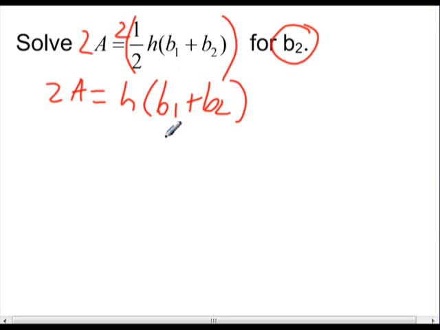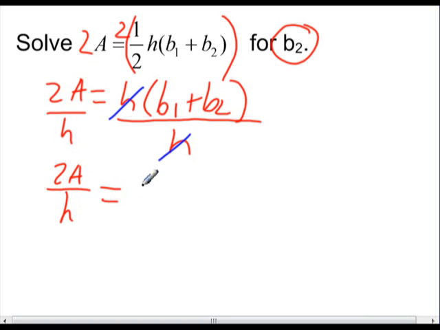We could divide both sides by h right now. And I did that because those h's cancel. And now we have 2a over h is equal to just b1 plus b2.